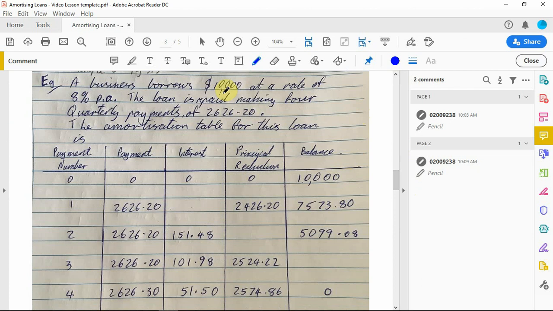So a business borrows $1,000 at a rate of 8% per annum. All right, so up the top here, $10,000, not 1,000. $10,000 is borrowed, 8% per annum. The loan was paid in 4 quarterly payments. So here's our payments. The amortisation table is.